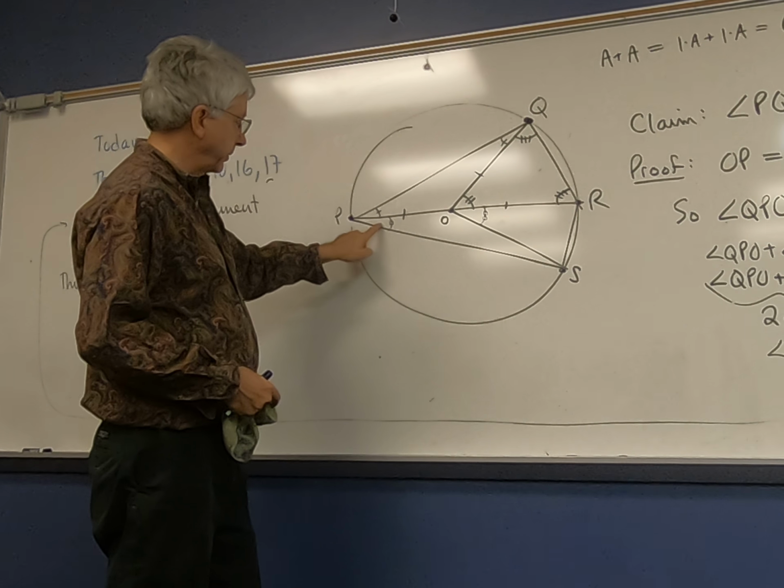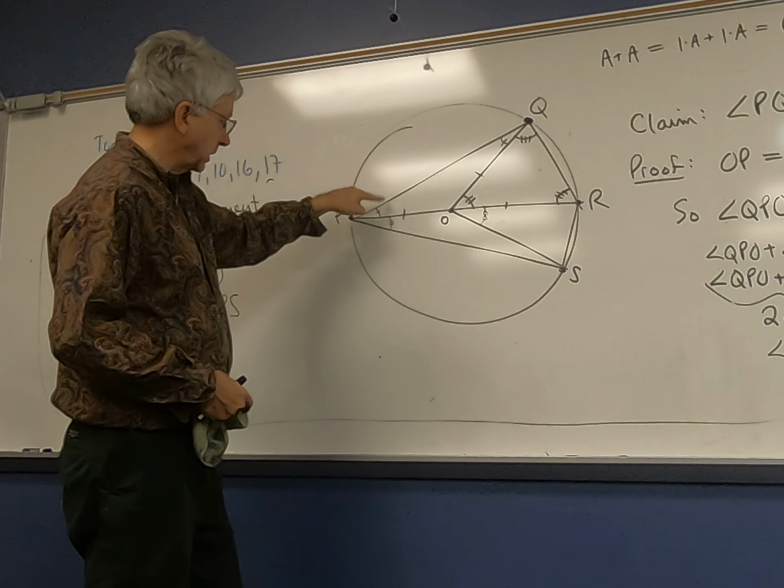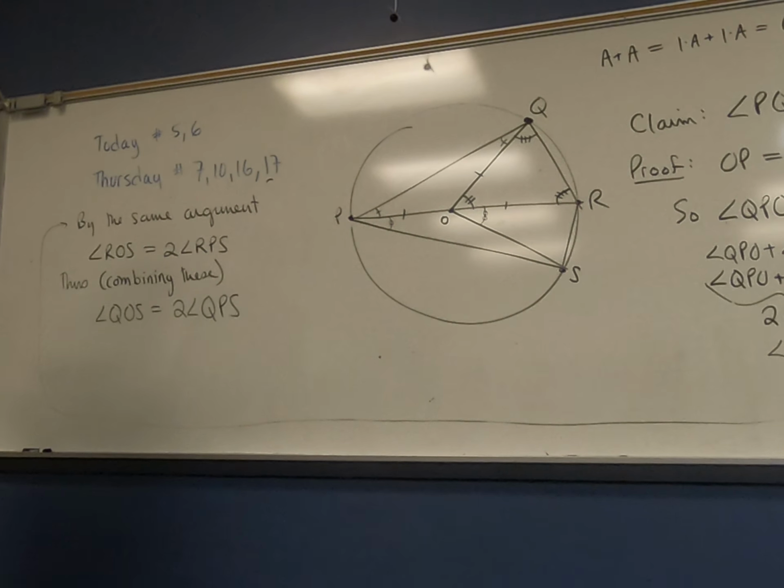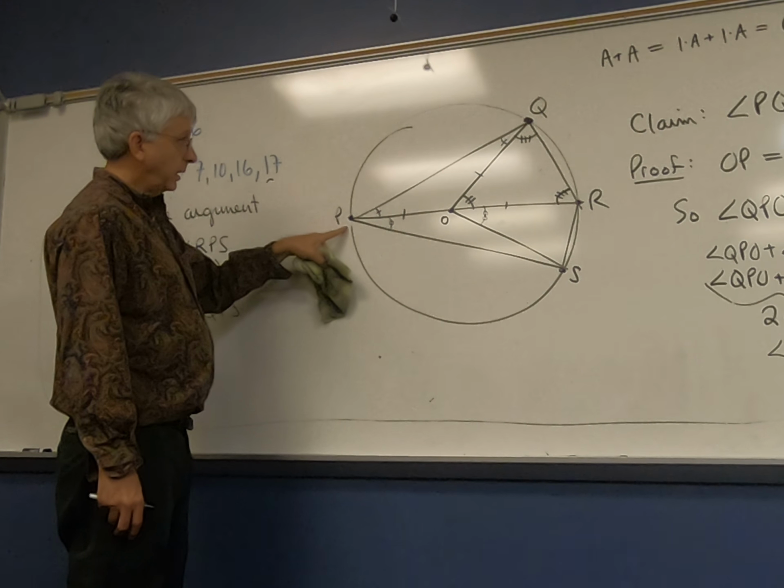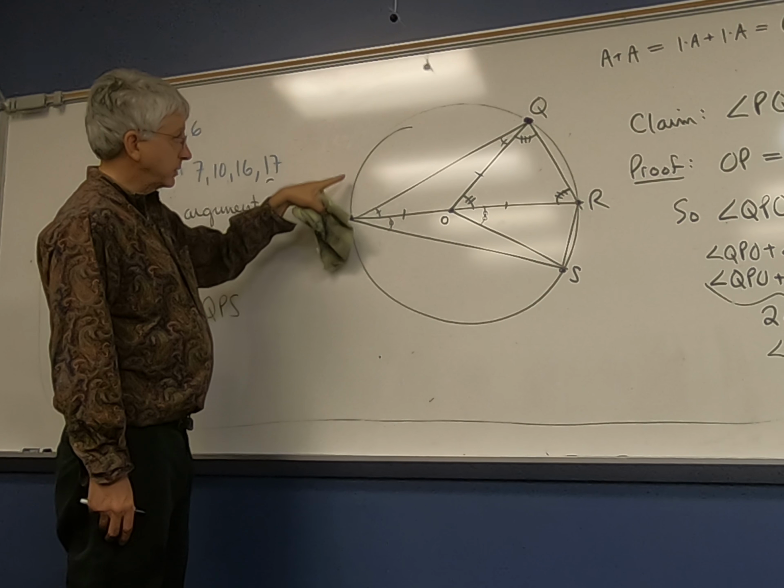The other is twice that other, and the sum of these is then twice the sum of those. So notice now that this result is pretty general, right? I can take this point P and move it around the circle.